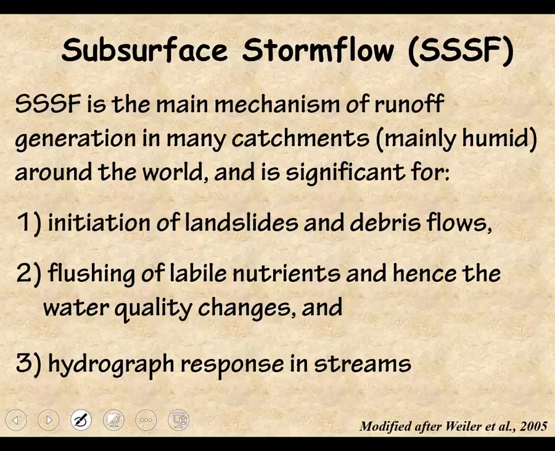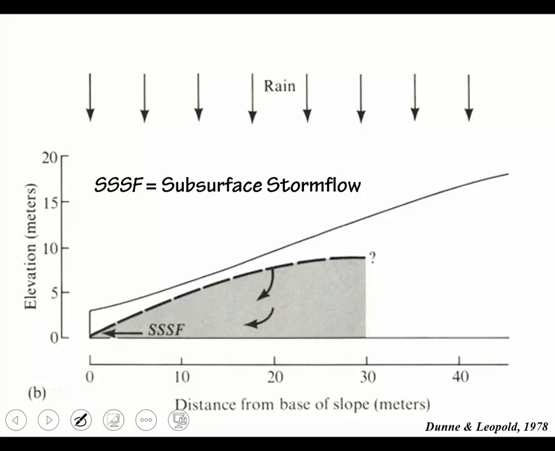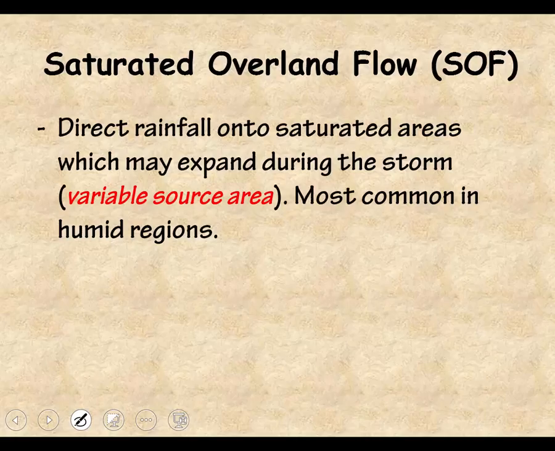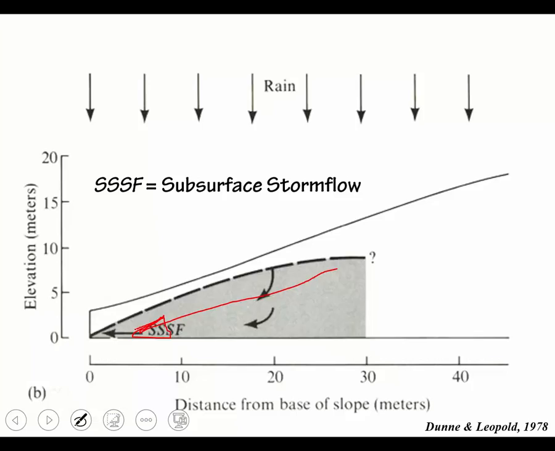There's a lot of flushing of nutrients and pollutants in that zone. So water quality issues are important. And of course the hydrograph is important as well. Okay. So here is that water that's coming along here. Okay. Yeah, basically flowing in the shallow area but saturated.